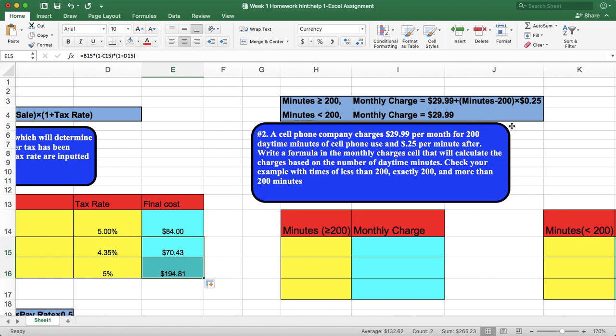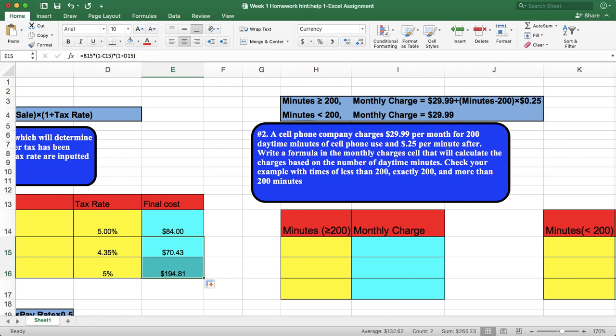That means you need to break down the formula into 2 scenarios. One is if the minutes are equal to or above 200, the monthly charge is the base, $29.99, plus the minutes after.